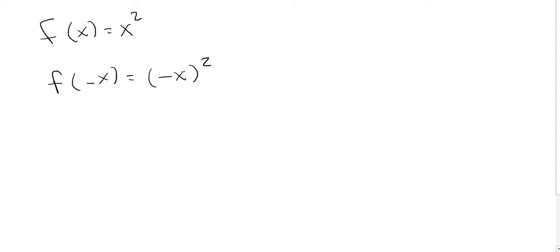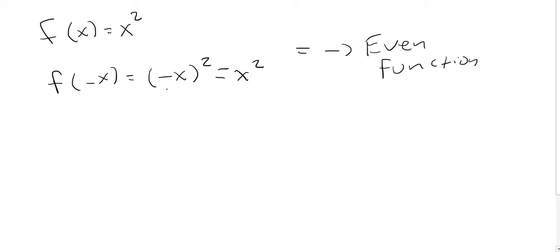I'm just replacing the x with negative x instead. But negative x times negative x is still x squared. These two are the same. They're equal, so that gives me that this is an even function. I just showed you by the graph why it was an even function, but now you see that it is still even algebraically.